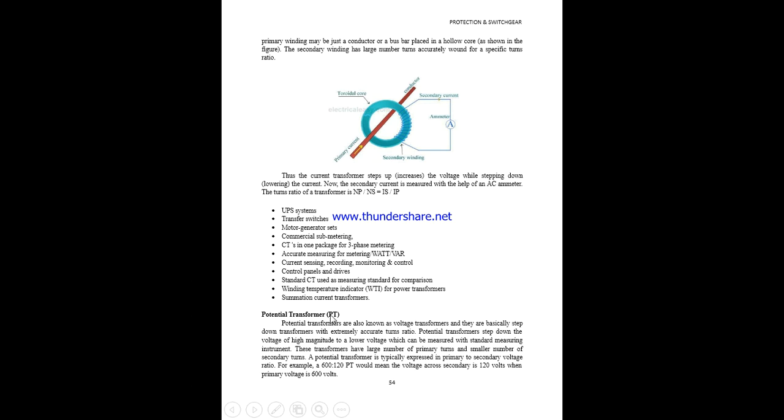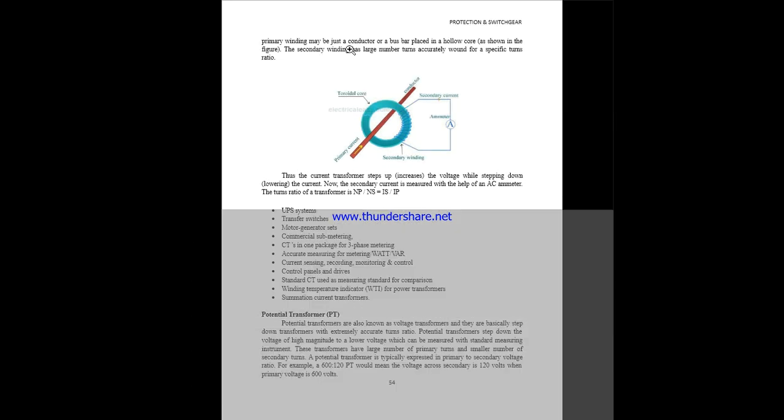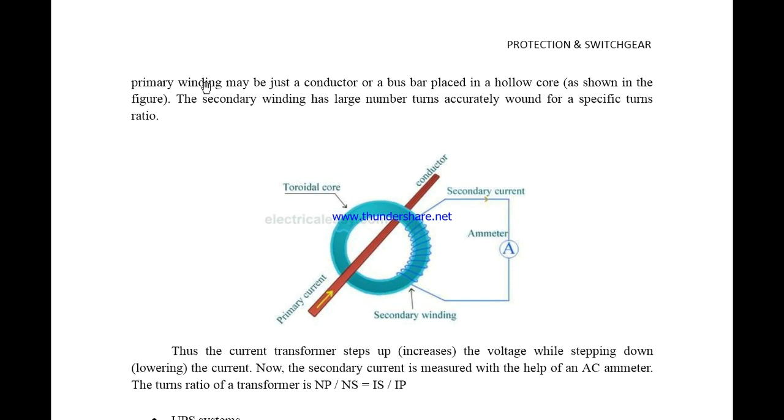So this is the case. The primary winding may be just a conductor or a bus bar placed in the hollow core. We can see the blue colored core is a hollow core through which the primary conductor is passed. The secondary winding has a large number of turns, accurately wound for a specific turns ratio, because the current has to be stepped down.